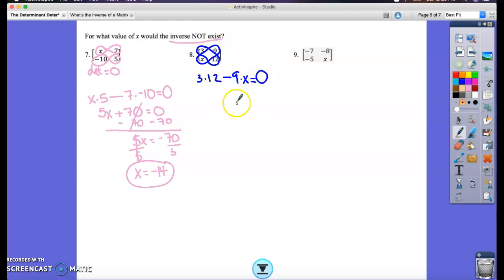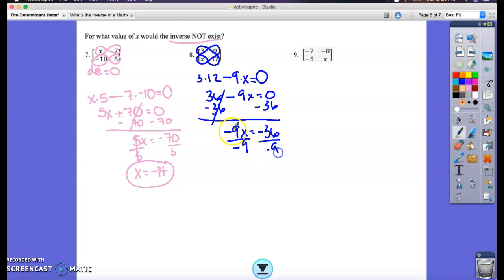When does the determinant equal 0? 3 times 12 is 36. 36 minus 9x equals 0. Minus 36, minus 36. Negative 9x equals negative 36. The only entry that would make this not exist is, 2 negatives cancel out, 36 divided by 9 is 4.